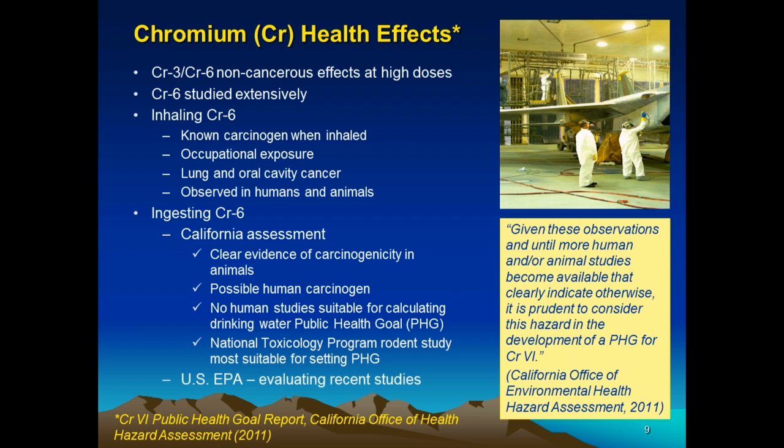So they based it on the rodent study, and that data showed clear evidence, and we're going to look at that data, that it's a carcinogen. At these high levels, it's a carcinogen. So from that, they determined it's a possible human carcinogen. While they couldn't use human studies to calculate that level, they did use National Toxicology Program rodent data. That was the one that was done in 2008.